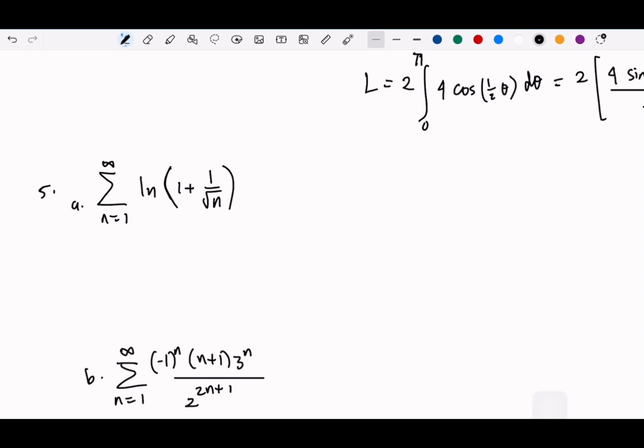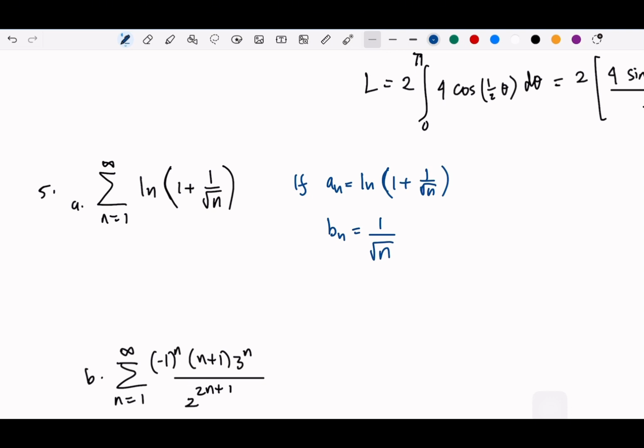So if we take the an as this ln, and suppose that we have some other known series, to make it work, we need to choose 1 over square root of n to be compared with. Okay. Why?